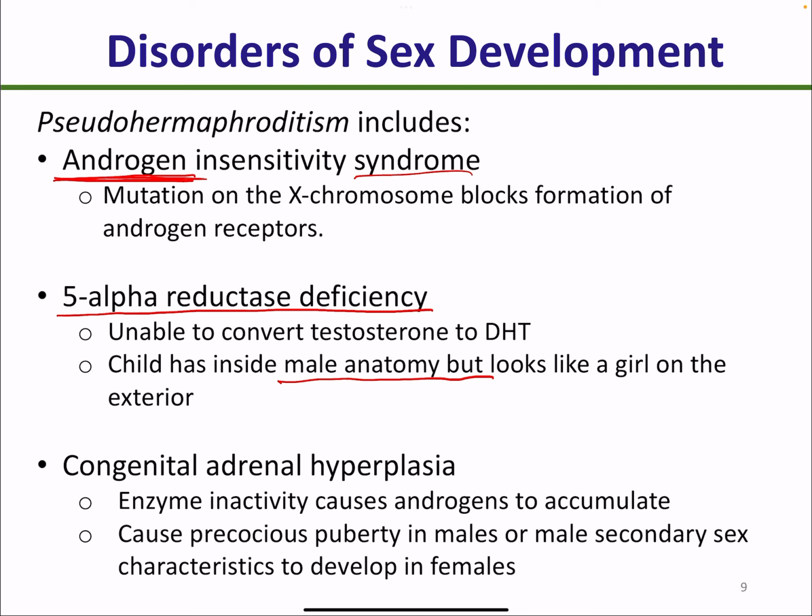So they have a penis and testes and everything. They don't have breasts that are developed, but their face is crazily like that of a lady, right? And the hair grows just like that of a lady, right? That's a case of 5 alpha reductase deficiency.